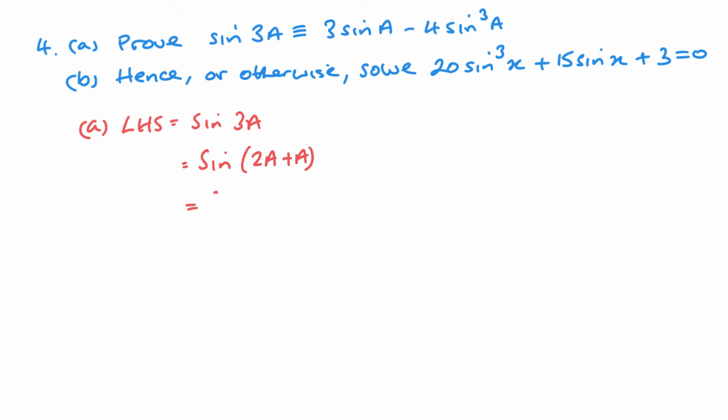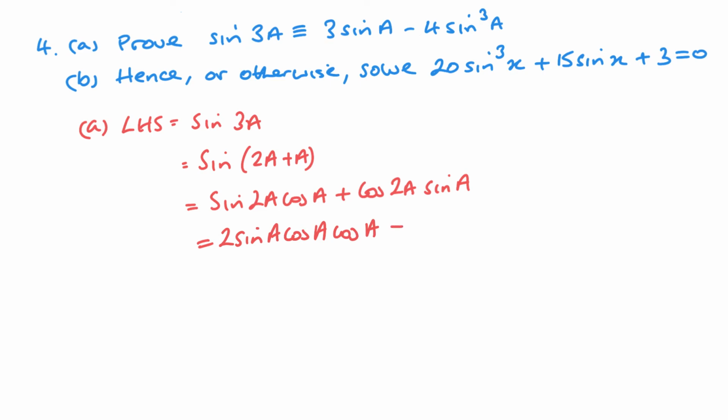So this is going to be sine 2a cos a plus cos 2a sine a. And then I need to sort out my two double angles here and here. So sine 2a is 2 sine a cos a, and that's multiplied by cos a plus.